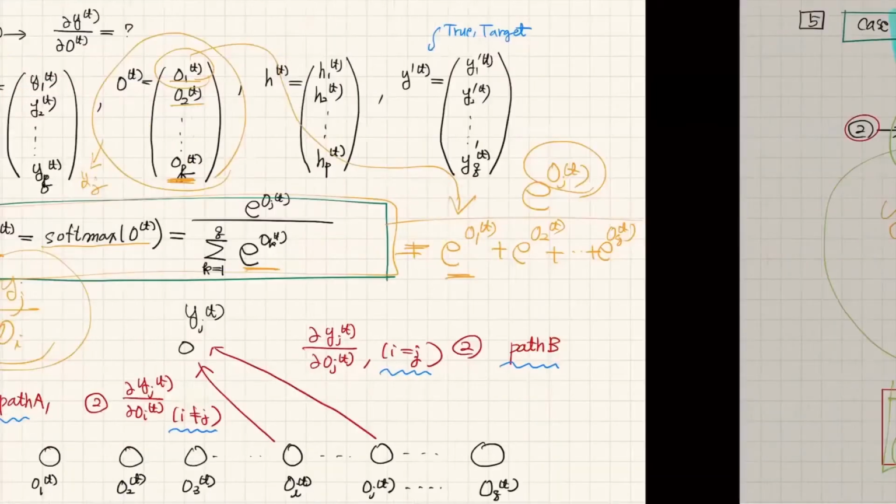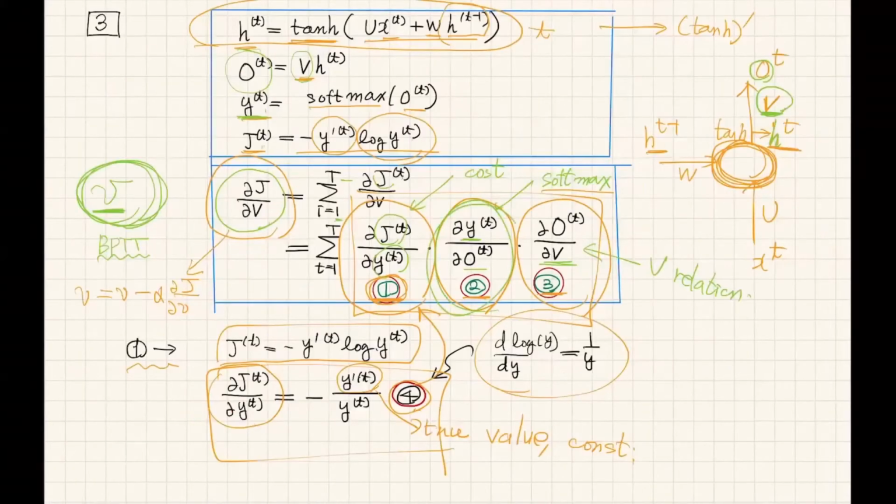That will plug into this term. And for the simplicity of explaining, I would say Y is the softmax function of O at T. Of course, Y is a vector and O is a vector. So that is a column, and the O vector also has columns.